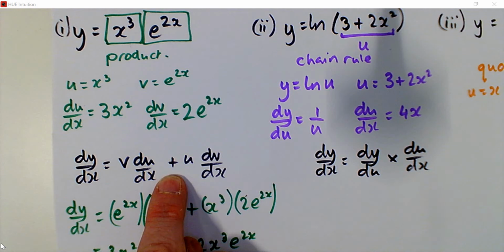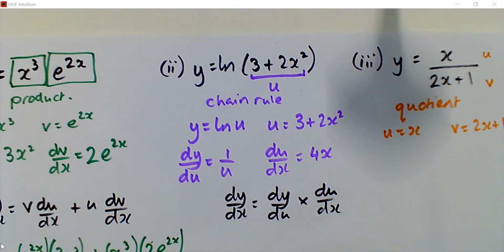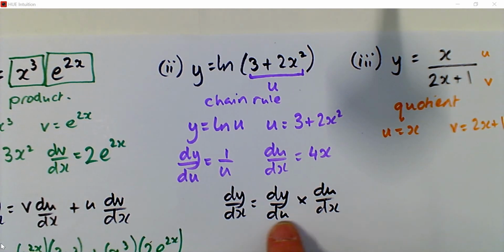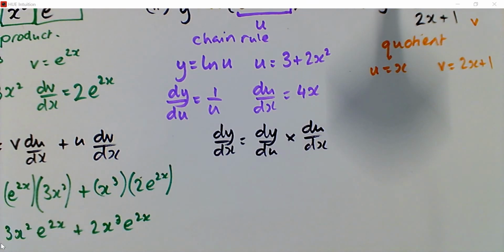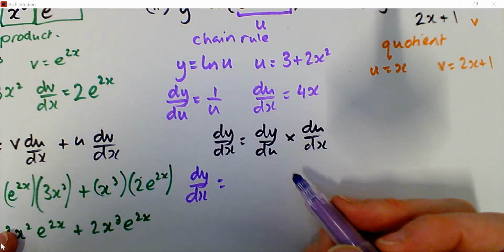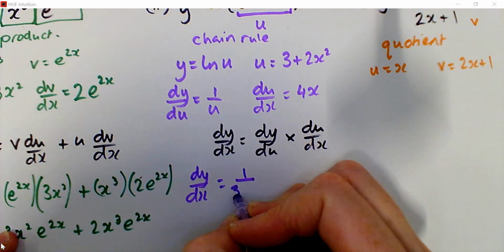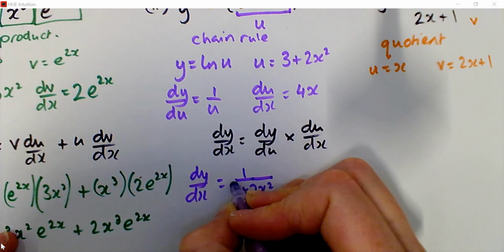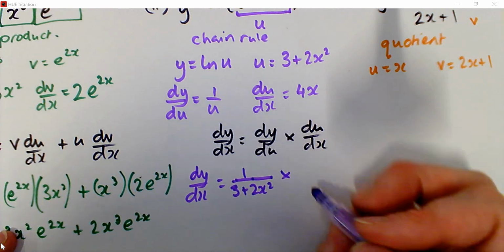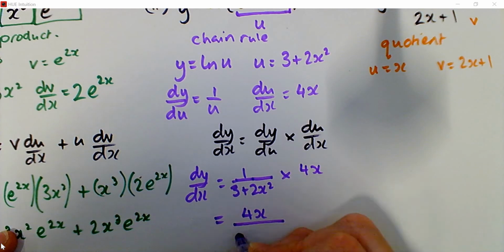Whereas the chain rule deals with composite functions, functions of functions, and you end up with the product of derivatives. So let's substitute in. dy by dx is going to be 1 over u, and u is 3 plus 2x squared, times du by dx, 4x, and we simplify that just by writing it as a single fraction.